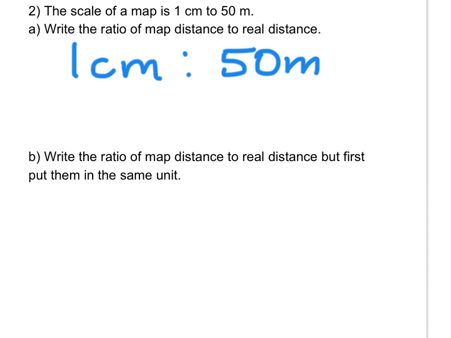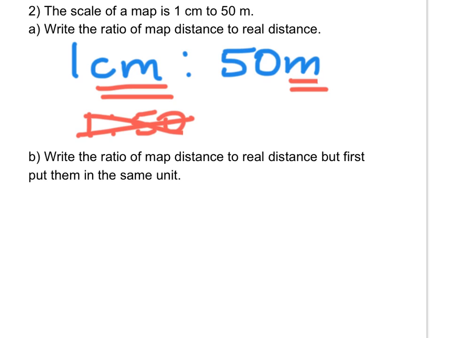Now if you look, I've left the units in, 1 centimeter, 50 meters, because if I just write 1 to 50, we will assume that that's 1 centimeter to 50 centimeters, or 1 meter to 50 meters. We would assume that it's the same unit. So we have to write in the unit just to make sure that we recognize it's 1 centimeter to 50 meters.